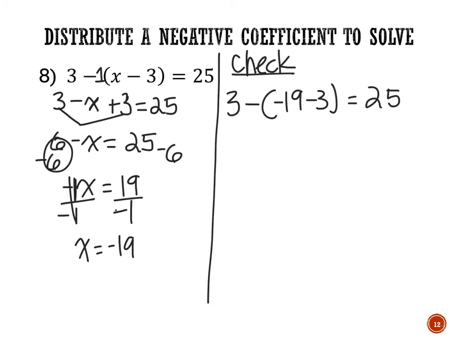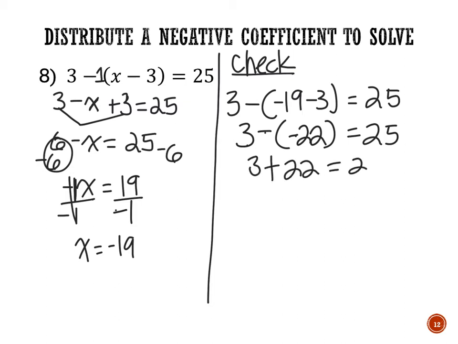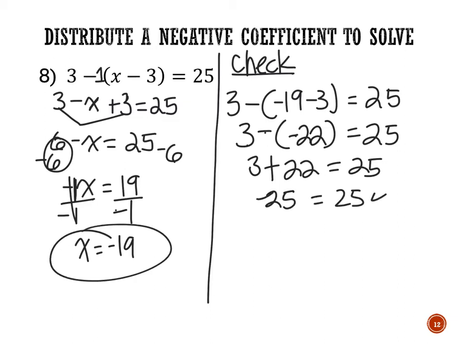Negative 19 minus 3 equals negative 22. 3 minus a negative number makes it a positive, so 3 plus 22 equals 25. X equals negative 19 is your answer.